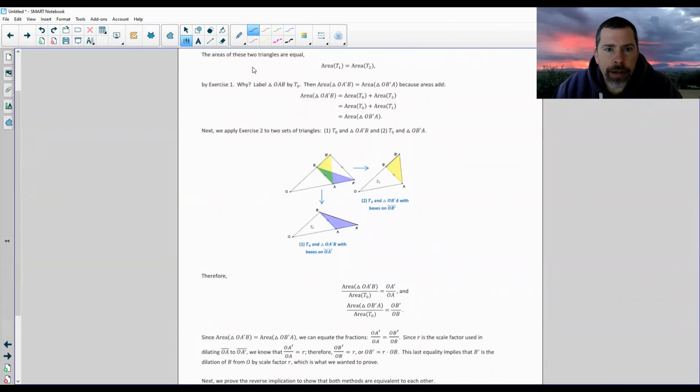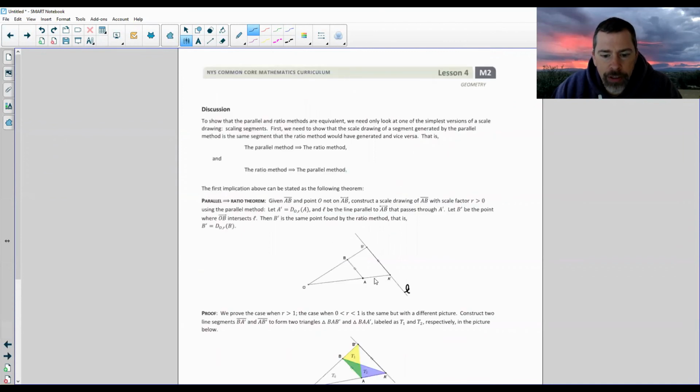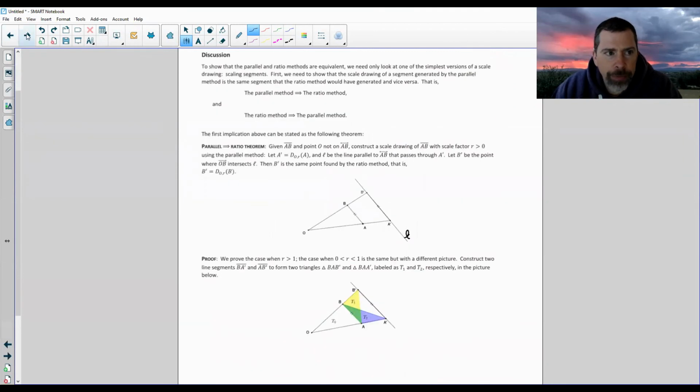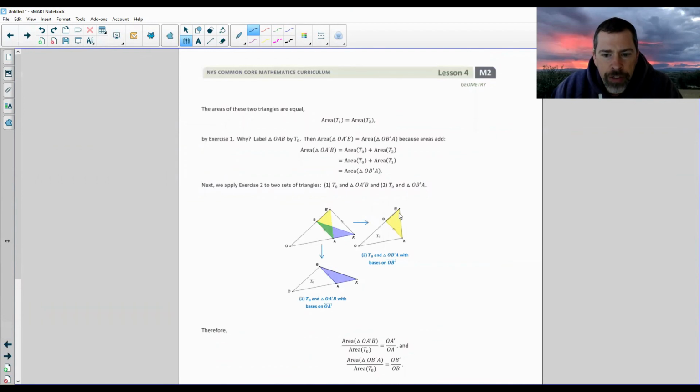Now we're going to say the areas of these two triangles are equal. Area of triangle T1, which was the purple triangle, I believe. Let me go back. They aren't labeling it here for some reason. No, T1's the yellow one. So the area of this yellow triangle, this one here, is equal to the area of T2, the purple one, by exercise 1.